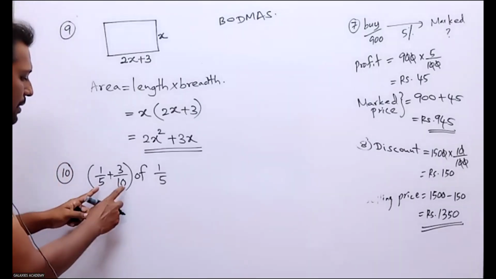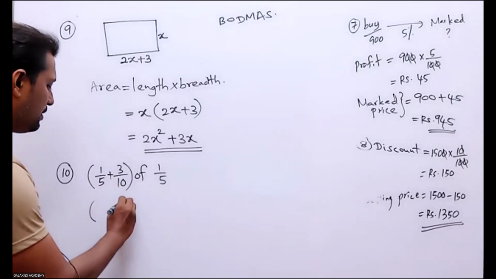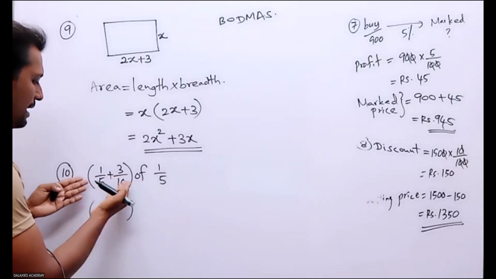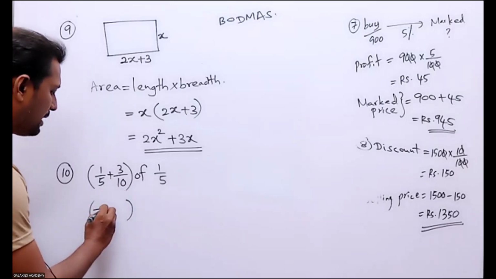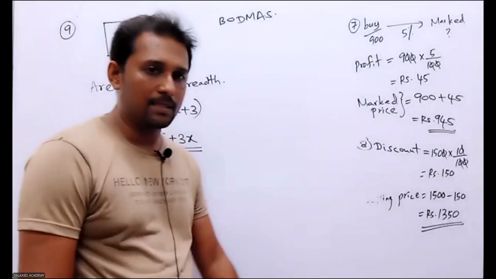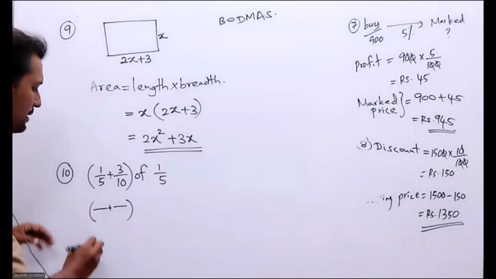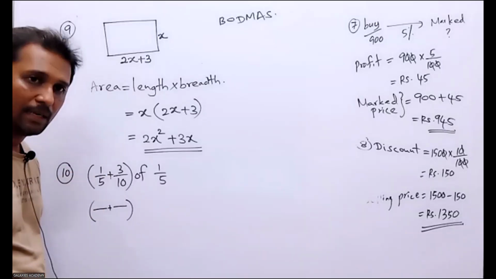Inside the bracket, you have to add these two fractions. We can't add these two fractions like this. First, you have to write equivalent fractions such that the denominators are equal. What is a suitable equal denominator? You can convert into 10.